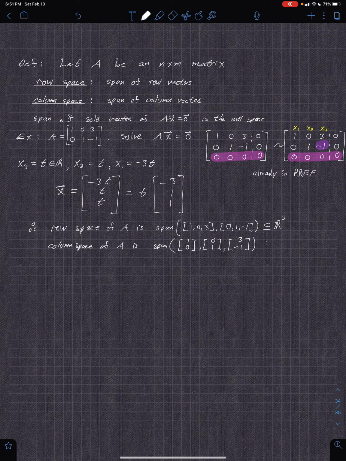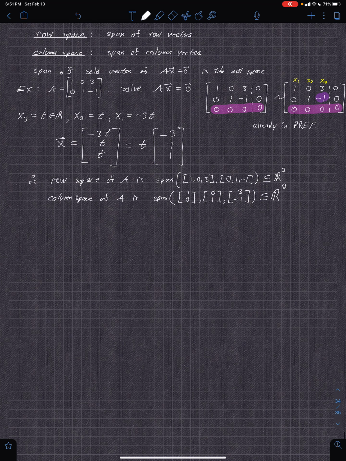And that is a subset of what space? Is it R3, R4, R2, R? That's a subset of R2 because each vector has 2 components in it. So these are vectors in R2. It doesn't matter that they're column or row, they're just vectors in that set. And then we already figured out the null space. We just didn't write it like that.